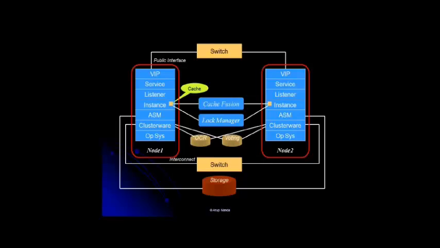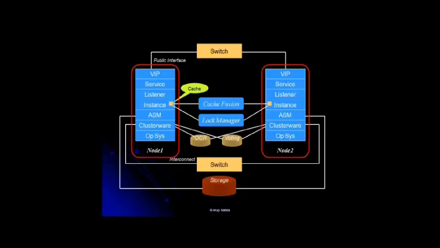In that case, I also need a volume manager that goes to the storage, the common storage from both the nodes, and that volume manager is ASM. On top of that, we run the Oracle instance, which is a combination of a bunch of processes and memory areas called buffer cache, shared pool and all that.